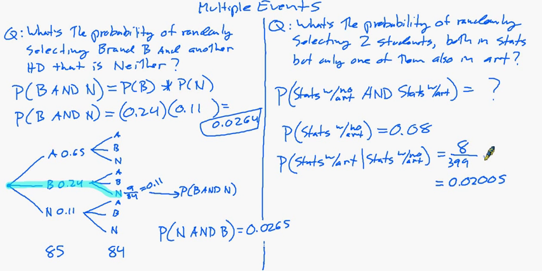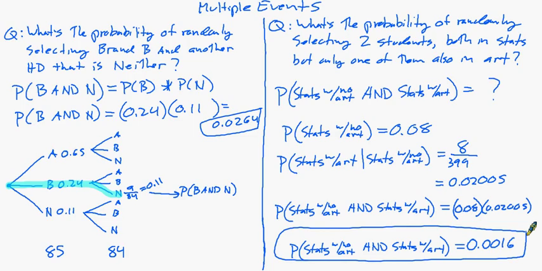I'm going out enough decimal places to show you that it has changed a little bit. 8 over 399 really isn't much different than 8 over 400. But it's a little different. It does change somewhat. So now we can find out the answer. And the probability is less than 1%. In that whole school of 400, I guess that would make some sense.